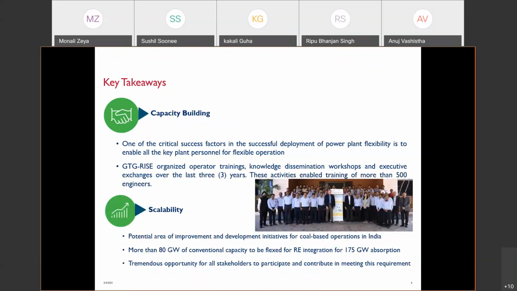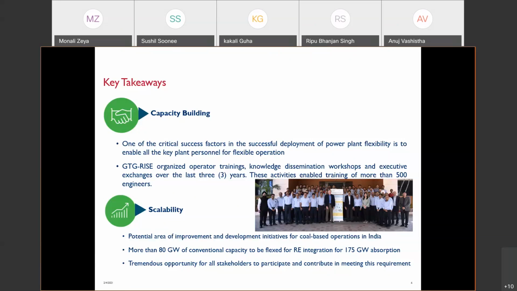And not just to instill confidence in the operators, it's entirely the effort of the spectrum of stakeholders that is looking at flexible operations of coal-based units in India. So when I say this, I essentially mean that it's not just the power plants or the coal-based generating units that are equally geared to take up flexible operations at a large scale.